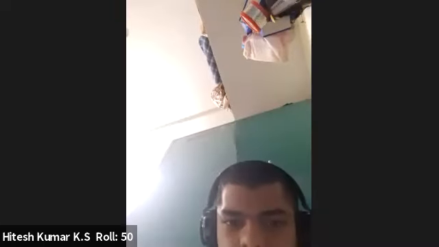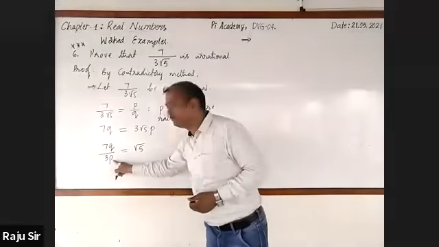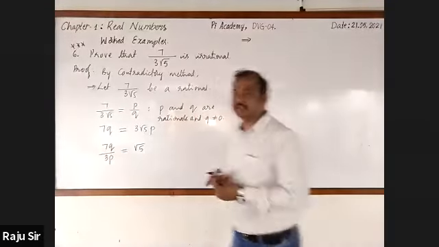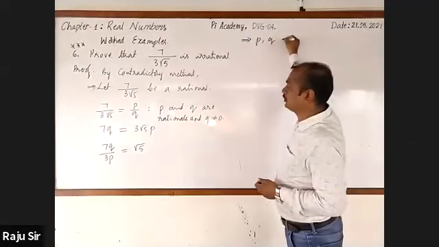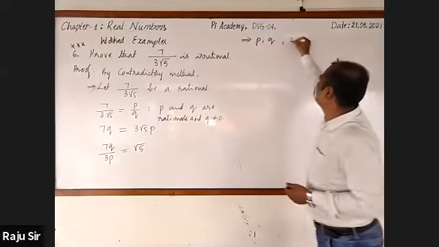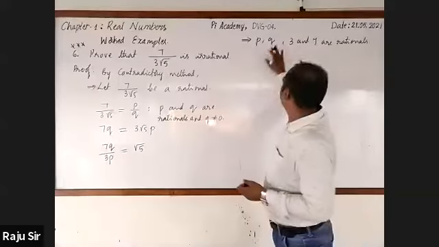Yes, sir. Very good. We all know that P, Q, 3 and 7 are all rationals.